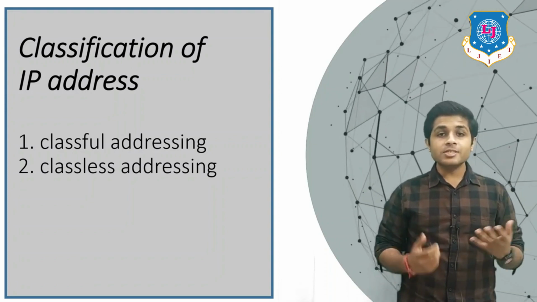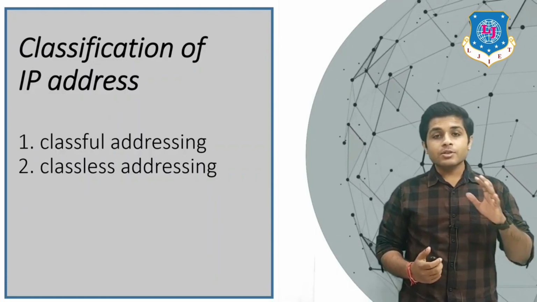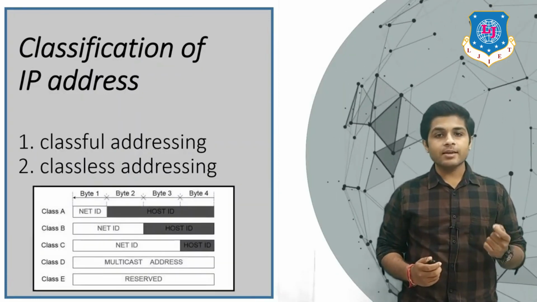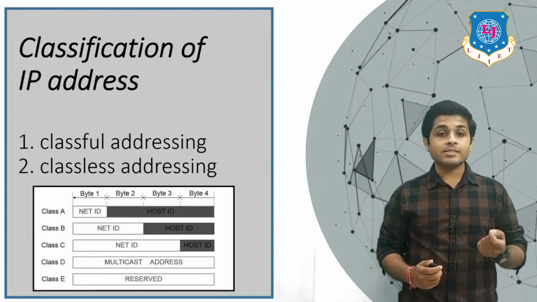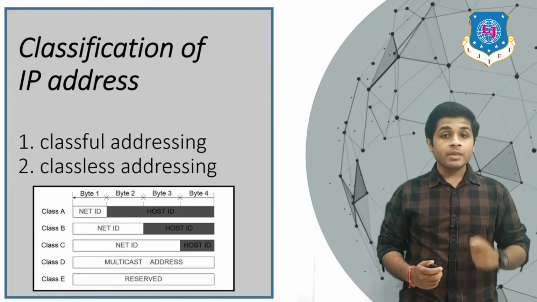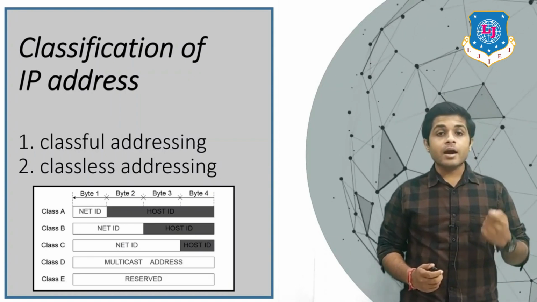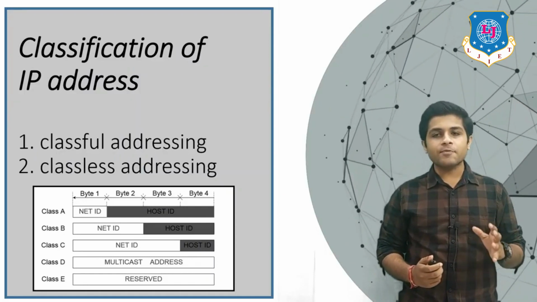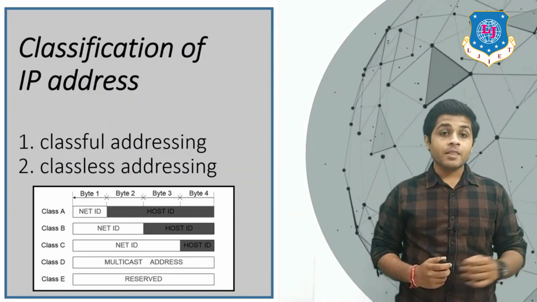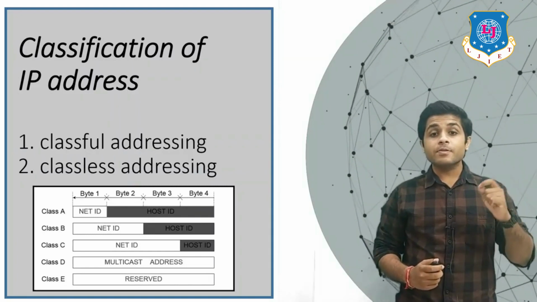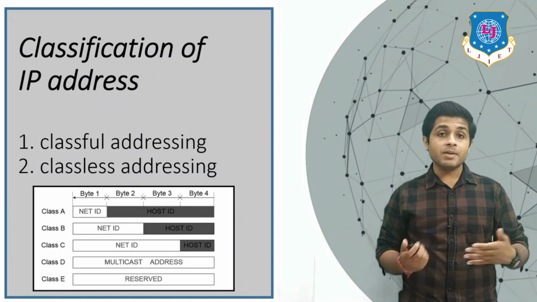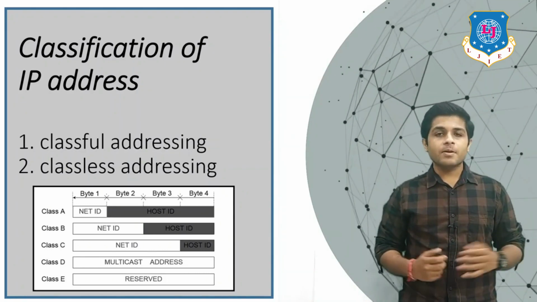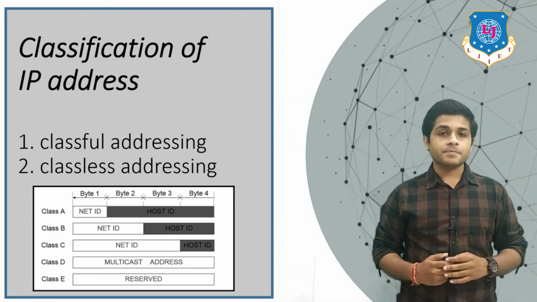To distribute these addresses efficiently, they are divided into classes, which are class A, class B, class C, class D, and class E. Class A, B, and C are known as unicast IP addresses, meaning those IP addresses are for one device only. Class D is multicast, meaning one IP address may be for more than one device, and class E is reserved, meaning for development purposes.